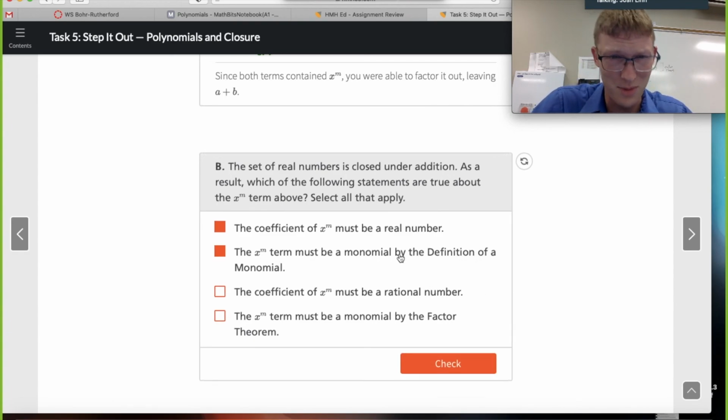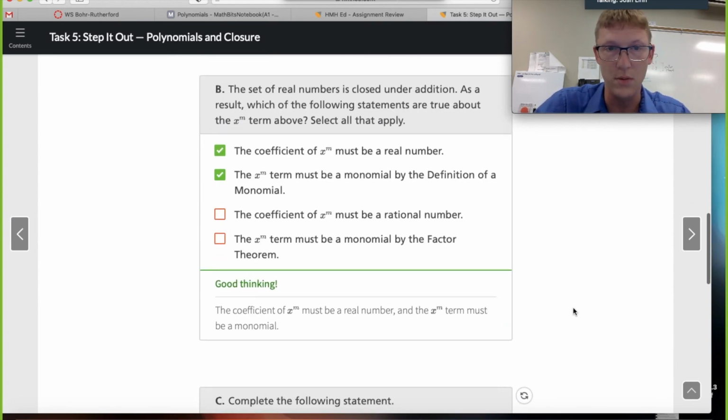I'm not good with vocabulary. The coefficient of x to the m must be a rational number? Not necessarily. It could be irrational, like pi. The x to the m term must be a monomial by the factor theorem. No, I don't agree with that at all. Good thinking.